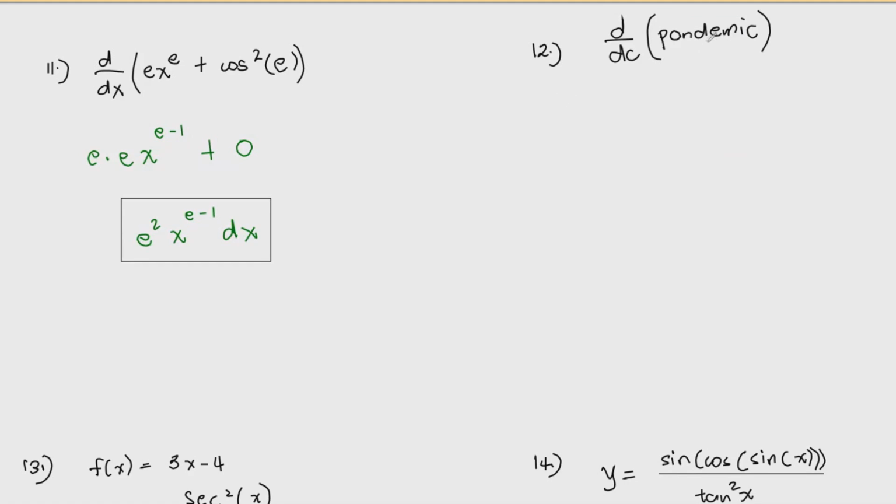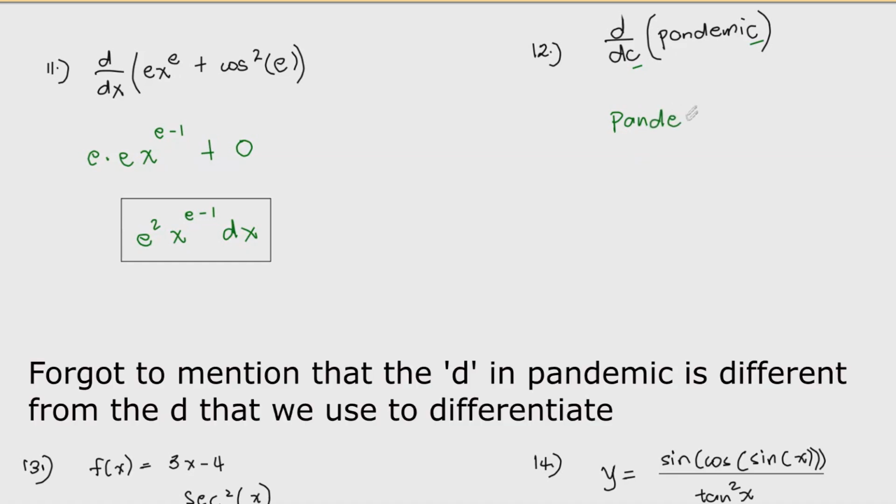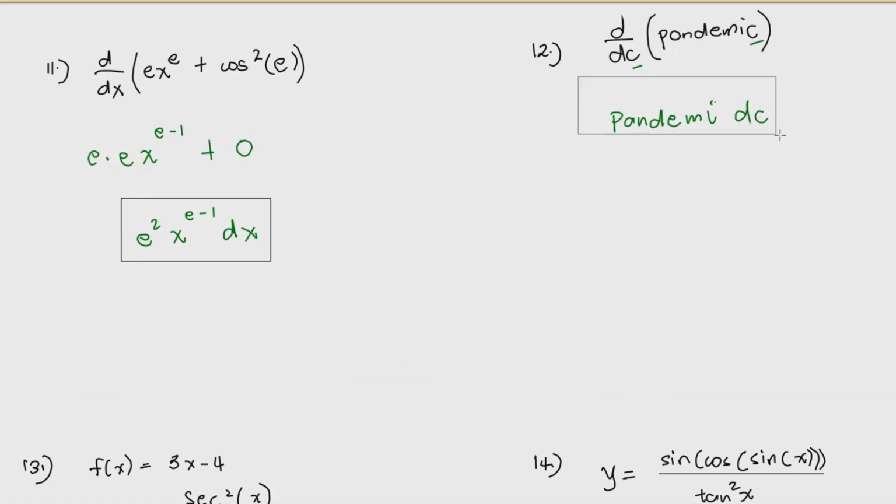So with that, if these are constants, then based on our constant multiple rule, you just have to leave the constant and then differentiate what is the variable that should be differentiated. Differentiating this would just be 1. So you're just left with pandemi, and then you write dc, since that is the derivative of our c. So this is the answer for this problem.